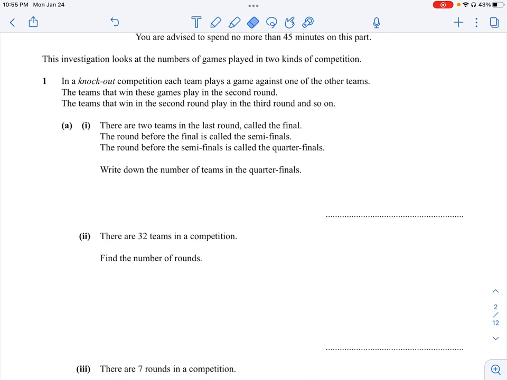So let us erase and write neatly. So in finals, one team will be playing with the other team. So there are how many total teams in the finals? Two teams. Now, in the semi-finals, this one team would have been the result of a game between two other teams, maybe team 1 and team 2.